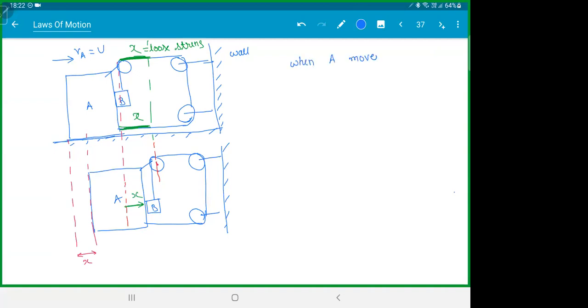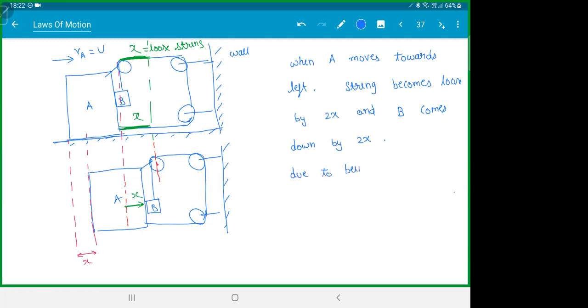When A moves towards left, the string becomes loose by 2x. And B is also pushed by X forward. And B comes down by 2x, plus due to the normal reaction, due to being in contact, it is also pushed forward by x.